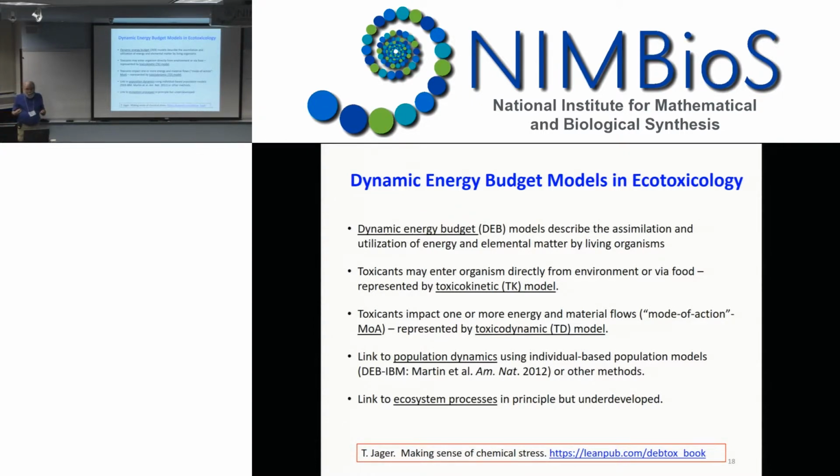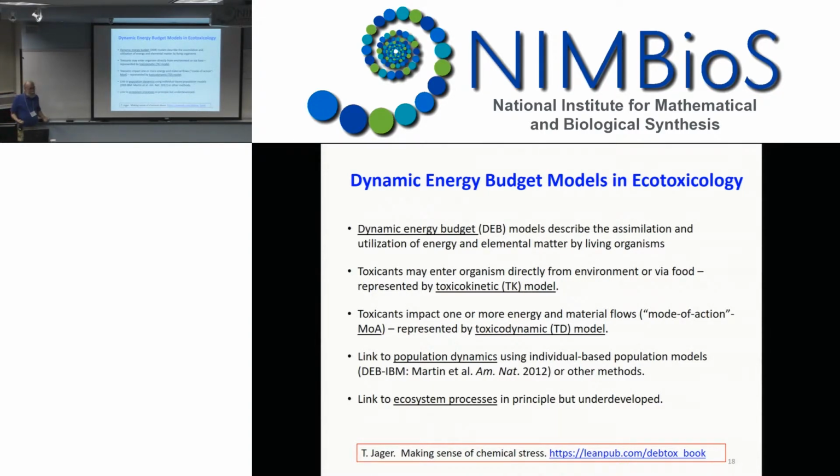How are dynamic energy budget models used in ecotoxicology? Well, I just said the content of the first bullet point, what they are. The key to making progress here is that you couple it with a toxicokinetic and a toxicodynamic model, represented either explicitly or implicitly.